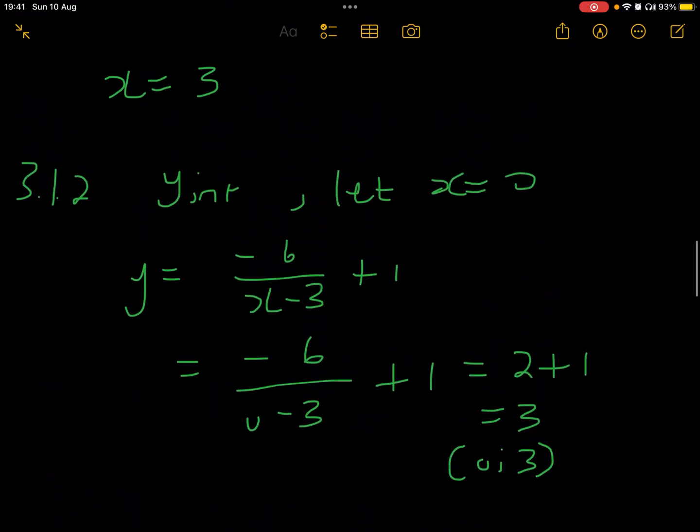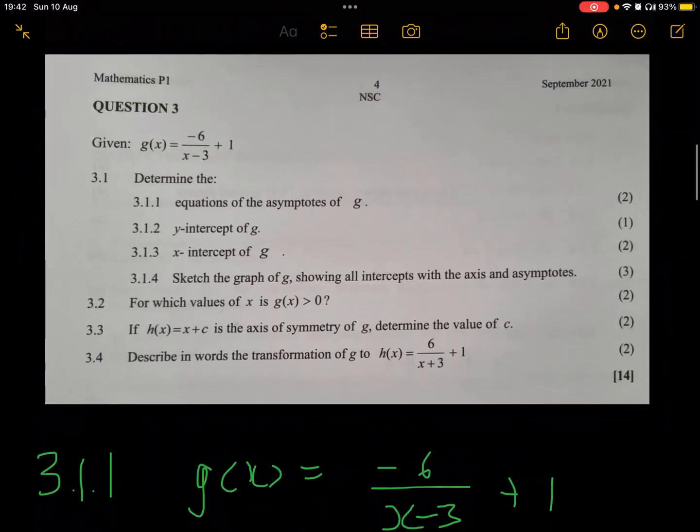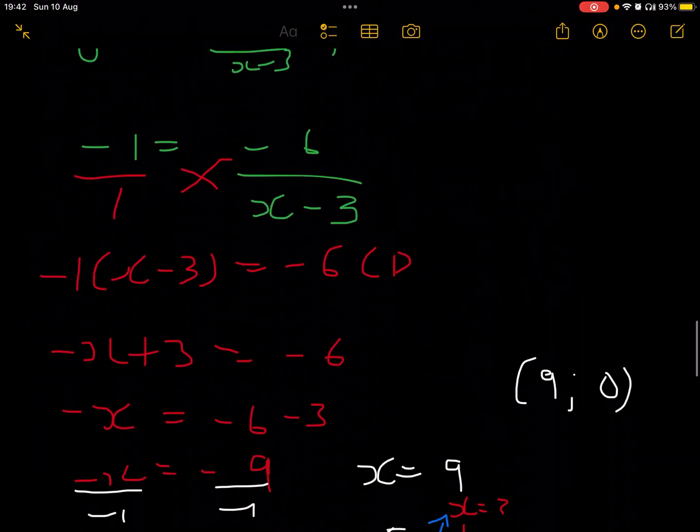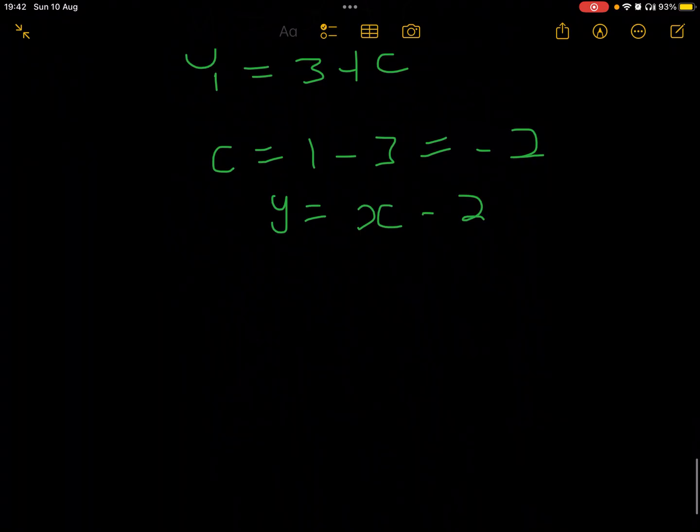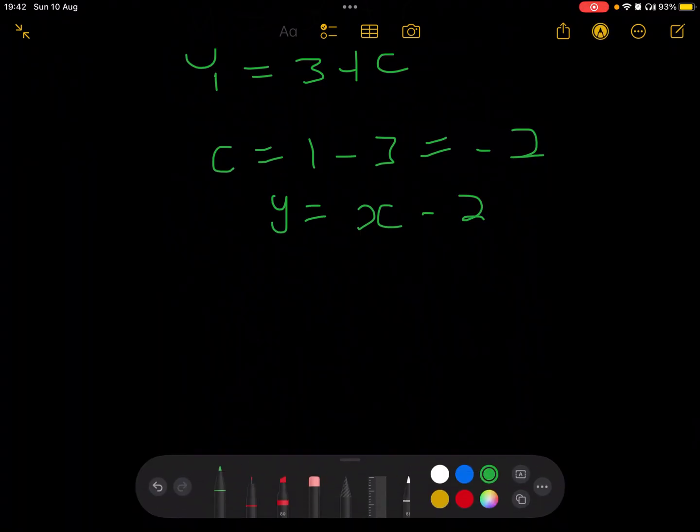Last question is asking us, describe the transformation of g to h of x equal to 6 over x plus 3, plus 1. Well, using h of x twice, maybe that could have been a typo, an error from the examiner, but we can go with it since we had an h of x in the previous one, being the reflection about the line y equal to x.